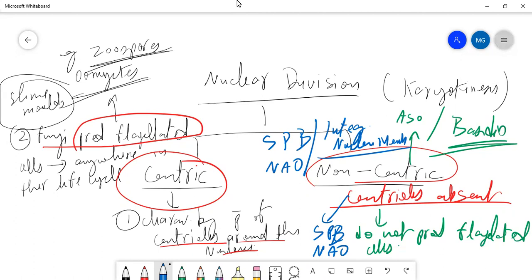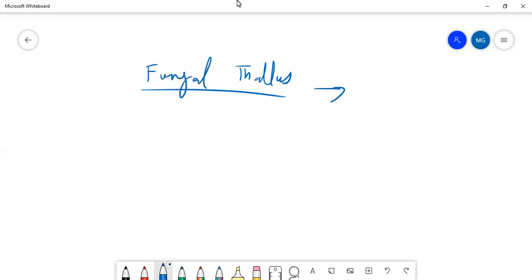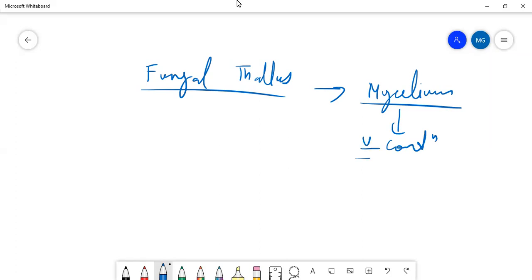Okay, now I told you that the thallus is mainly made up of mycelium. The fungal thallus is mainly made up of mycelium. And I also told you that under certain conditions, this mycelium can be organized.